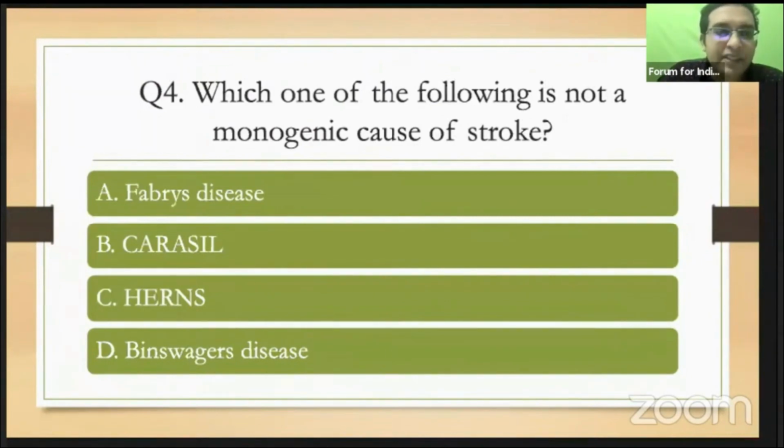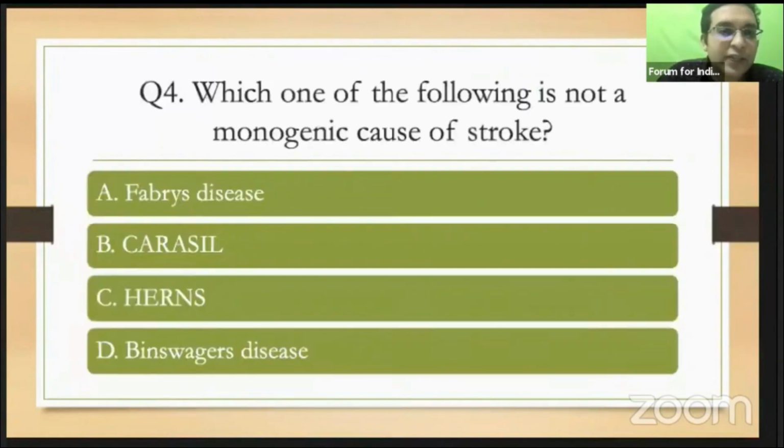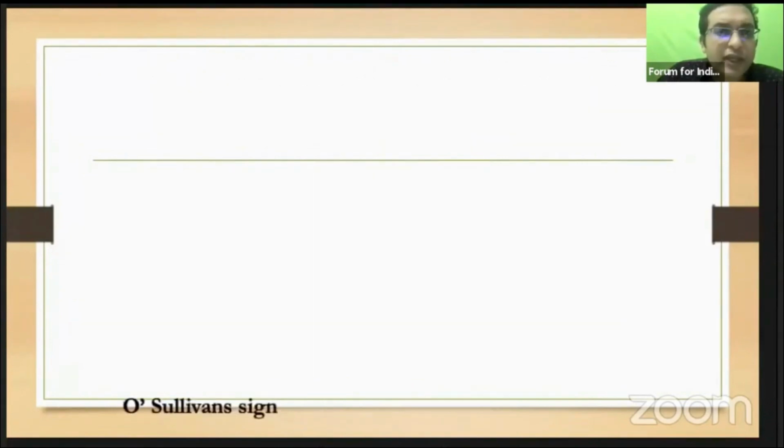As in case of Fabry's disease, CADASIL, HERNS, this is HERNS as an entity which is even given in Harrison, but it's very rare. And regarding Binswanger's disease, the answer is actually Binswanger's disease. This is actually a cerebral vascular disease, and the others are actually monogenic causes of stroke.